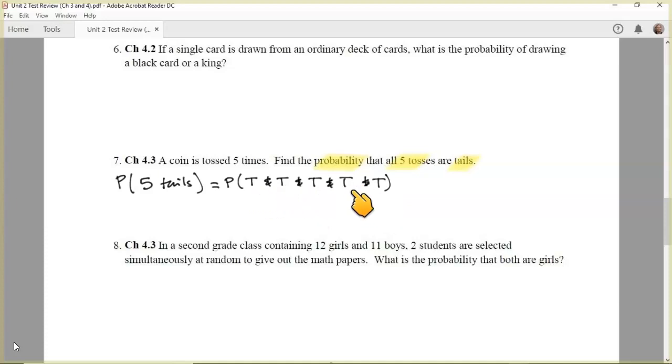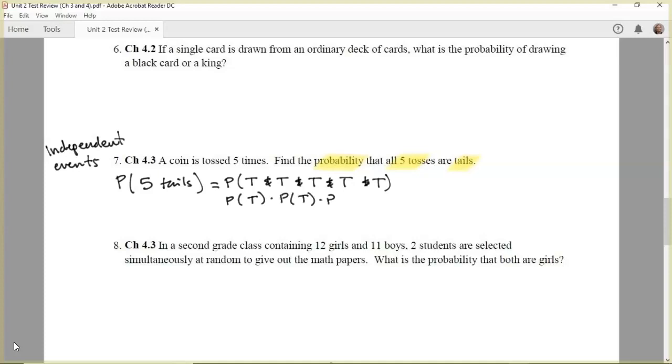So the word and lets us know we want to multiply the probabilities together, because and is very specific, and the chances are not that high because it needs to be all 5 back to back in a row. It is an independent event because me flipping a tail the first time has no effect on any subsequent flips.